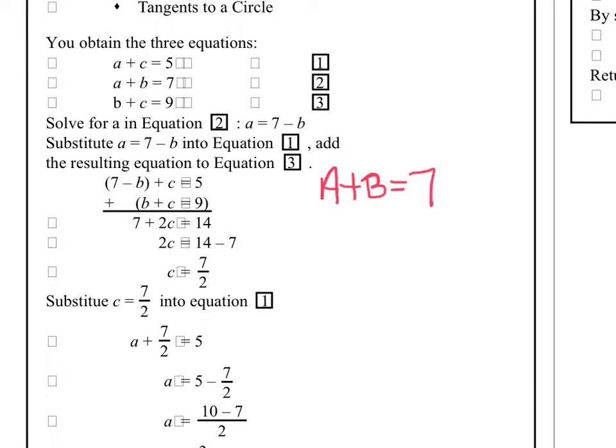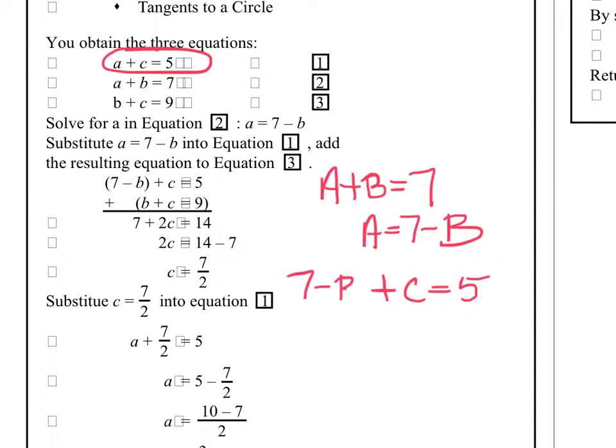And they've solved for A. So 7 minus B. And they're plugging it into equation 1 here, because it already has a C in it and an A. So instead of putting A plus C equals 5, they're going to put 7 minus B plus C equals 5. And the reason for that is because if you end up with a B and a C here, you have another equation with a B and a C in it. So that would be B plus C equals 9.